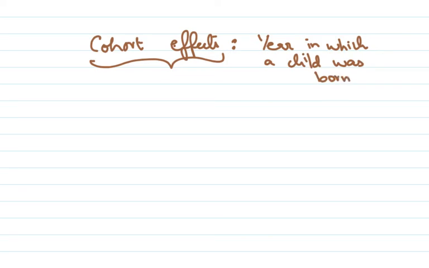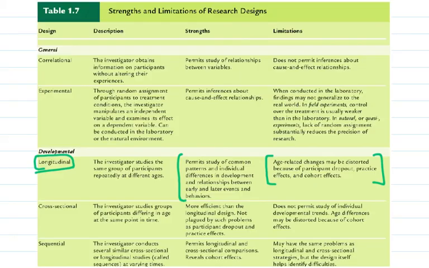That is what determines your cohort. If I'm studying the same group of individuals at different times, whatever I find out about their development might be because of certain cohort effects, because they all share certain characteristics as a generation or as a cohort.